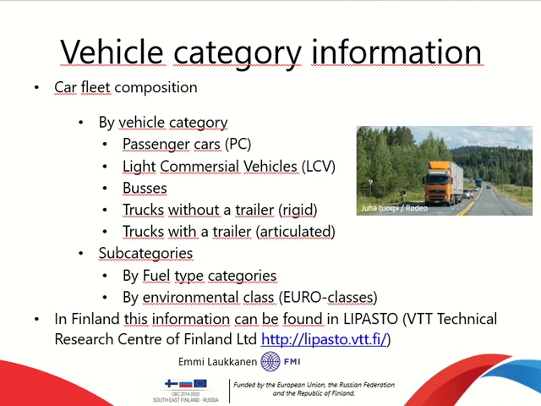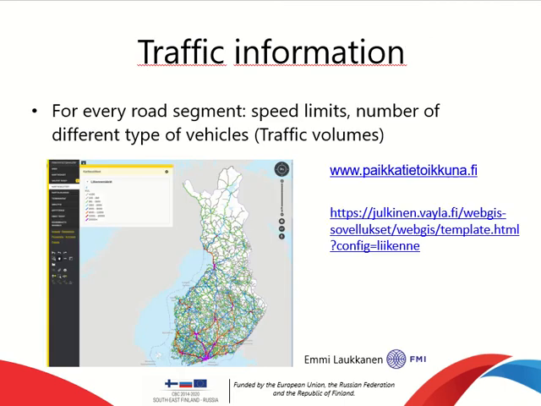In Finland this information can be found in Lipasto, a database of the Technical Research Centre of Finland. And then we need information on each road segment we want to study. That means the speed limits and the number of different types of vehicles on the road. This information is also publicly available on these websites.